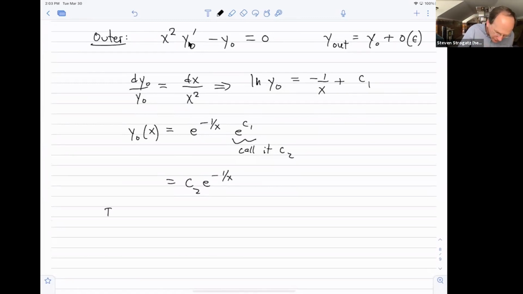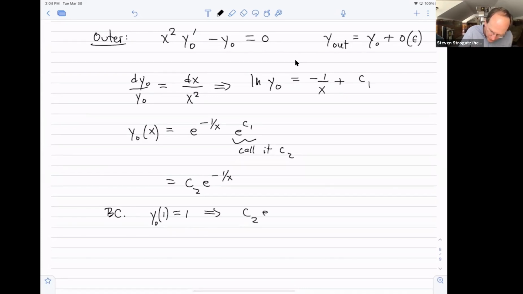And my boundary conditions, well, I'm in the outer region. I think the layer is at 1. So I'm going to impose the condition at x equals 1, because that's safely in the outer region. So y0 at 1 is 1.